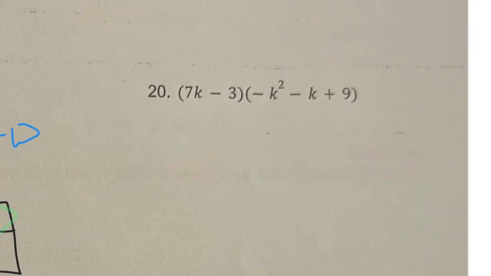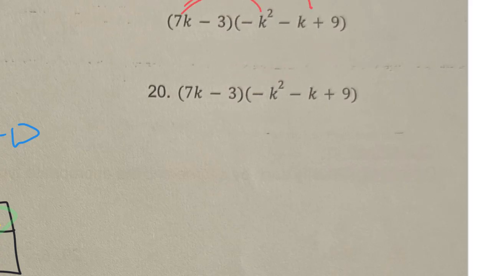If you were to not use the box method, you would multiply this times everything and then add that to this times everything underneath. But if you're going to use the box method, it would be negative k squared, negative k. We'd have a 9. You'd have a 7k.